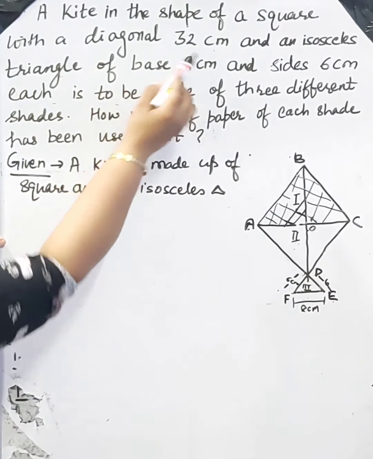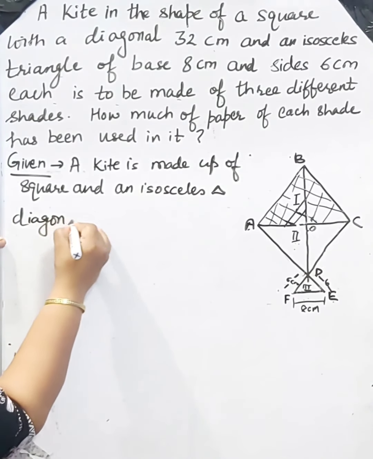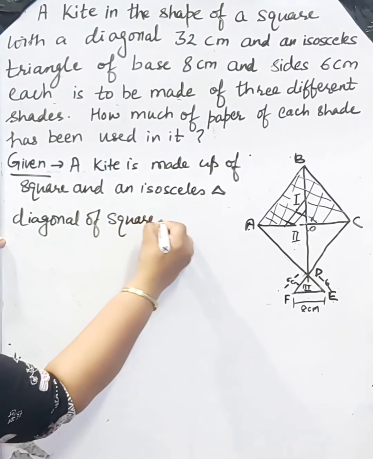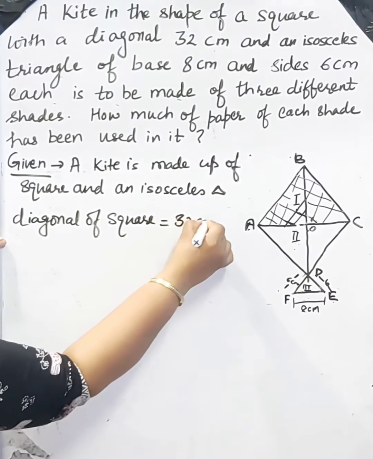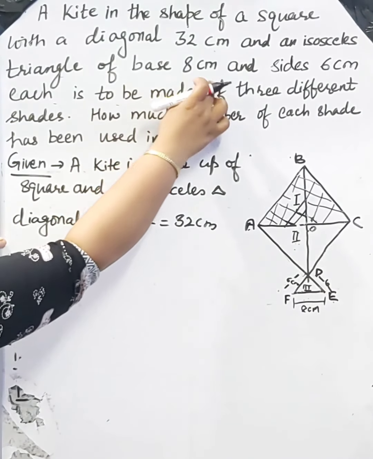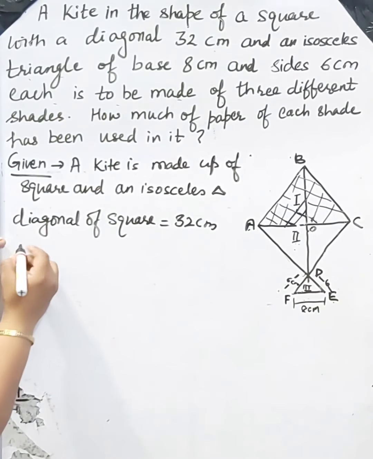The diagonal of the square is given as 32 centimeter, and the sides are 6 centimeter each and the base is 8 centimeter for the isosceles triangle.